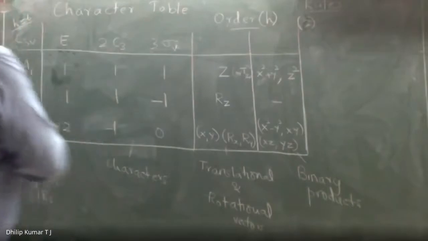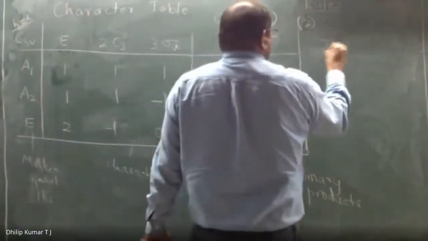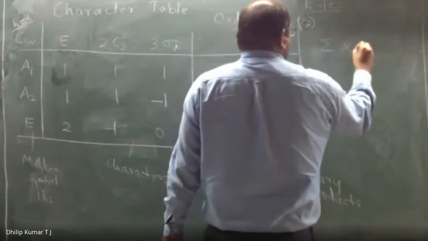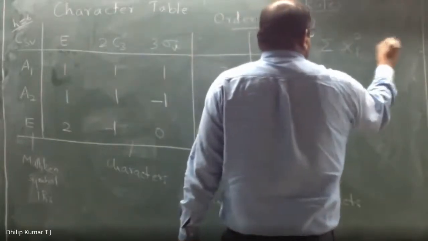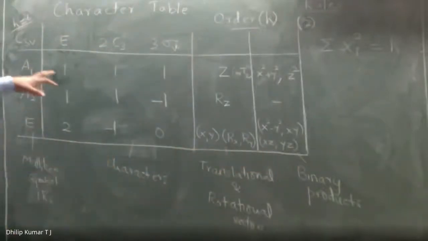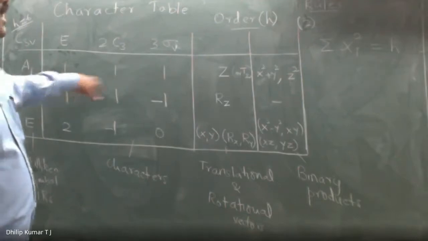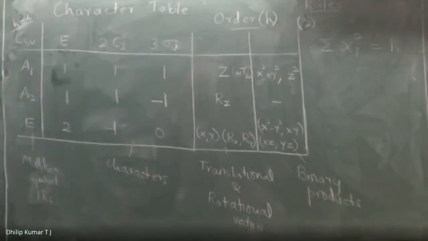Or just stick to the IR itself. So I give you a symbol for characters. The characters squared sum to h. So this rule is that if you square the characters of each IR and sum them, that again will be equal to h. h is the order of the group.